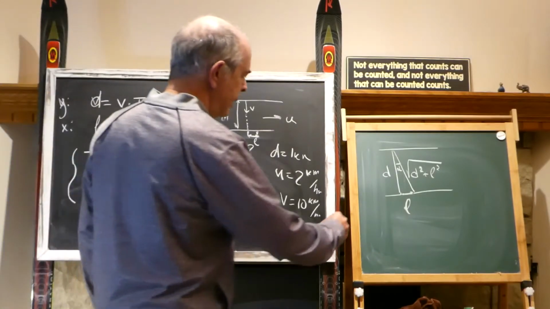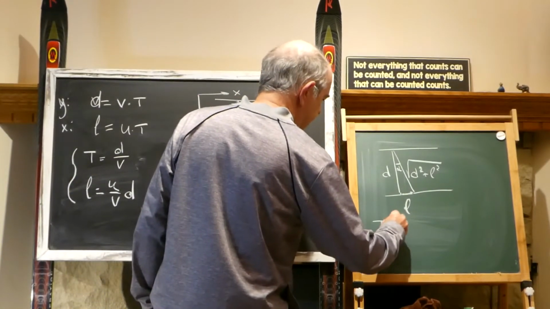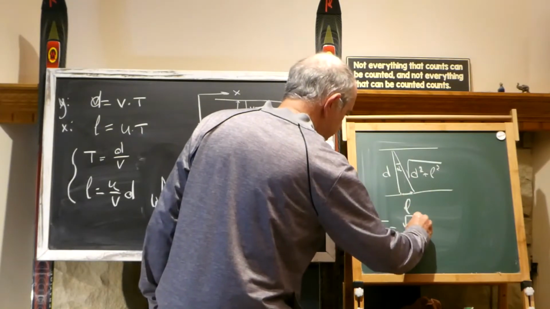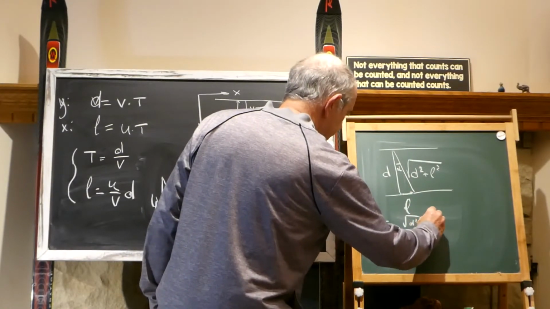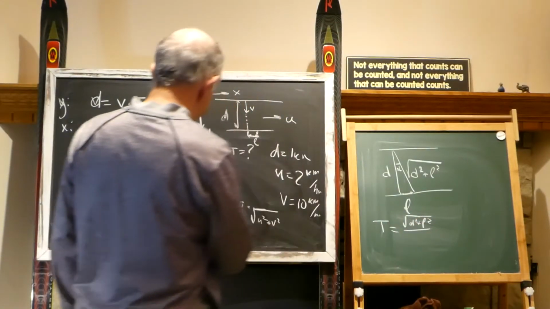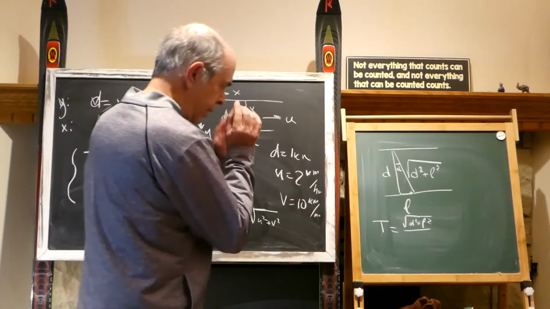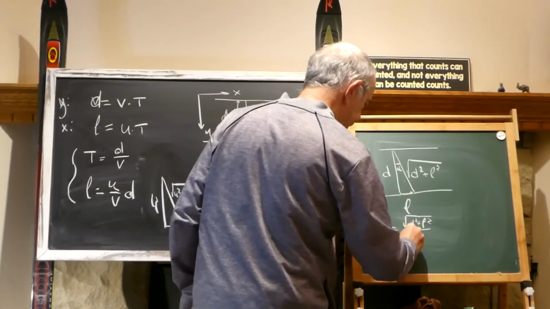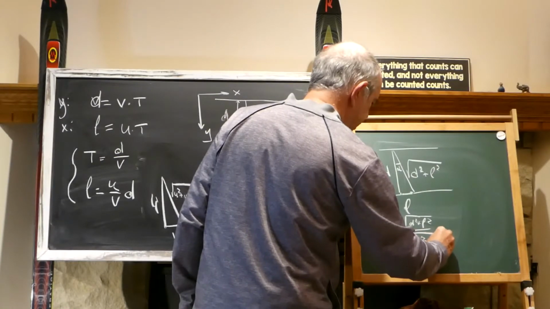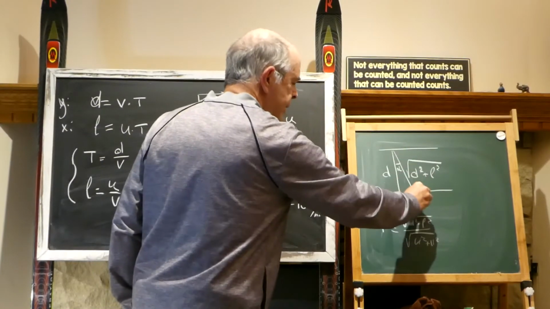And then I can say the time for crossing would be this distance, square root of d squared plus l squared, divided by this speed, because they're all along the same line. This is one-dimensional movement along this line.